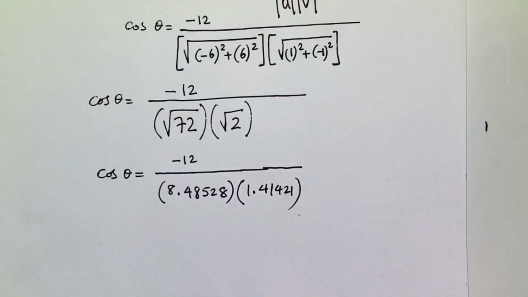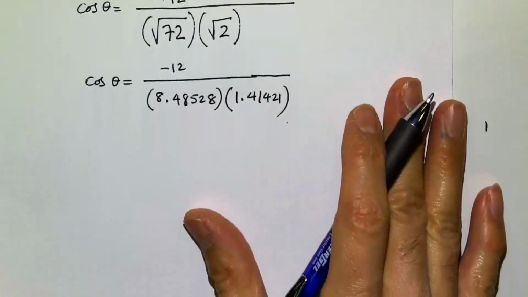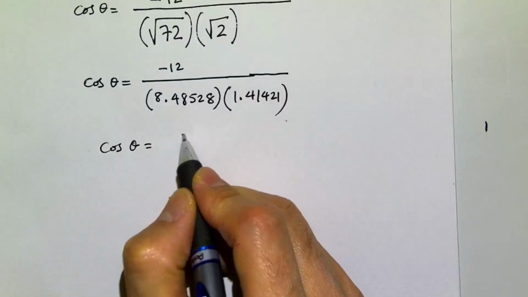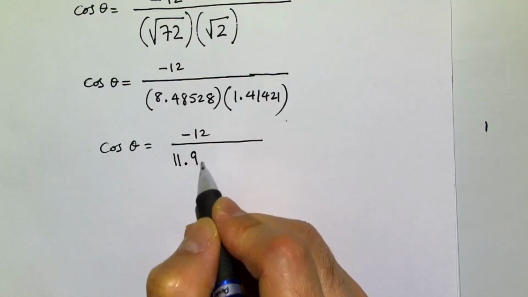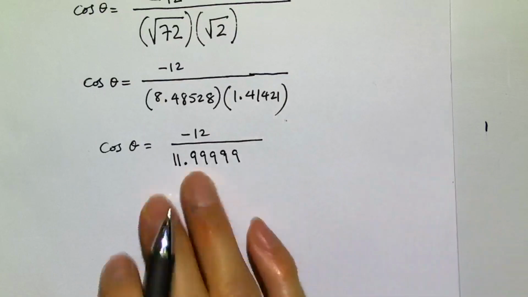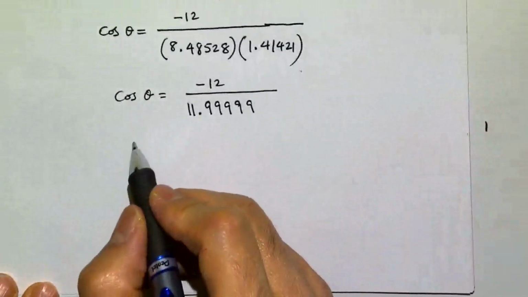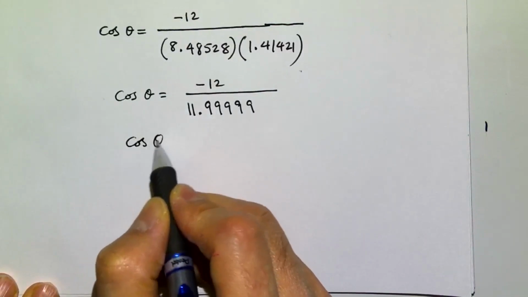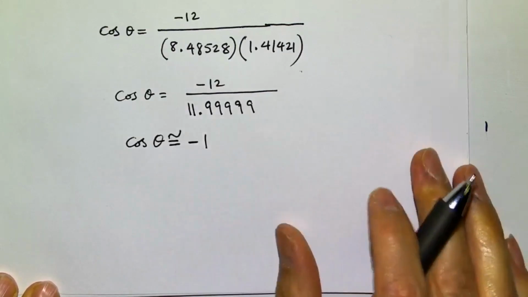Then multiplying those two in the denominator, we get cosine of theta equals minus 12 divided by virtually 12. So this is what we get, virtually 12, right? So this tells us that cosine of theta is really equal to negative 1.